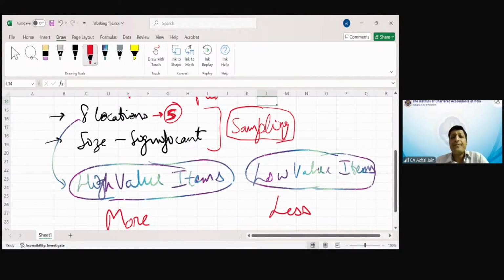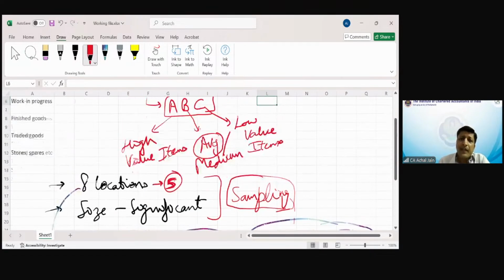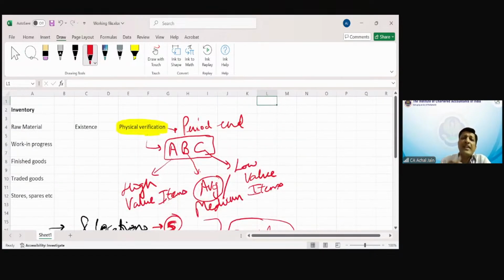Now, other than that, as far as physical verification is concerned, there are 2 aspects attached to it. When it comes to physical verification, it is not something which only the auditor is required to do.